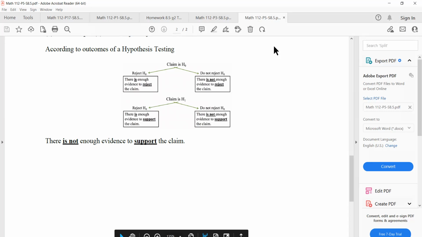Here, since the claim is H1 and we did not reject H0, we say there is not, and we underline is not, enough evidence to support, because our claim is H1, support the claim. Okay, and that's it for that.